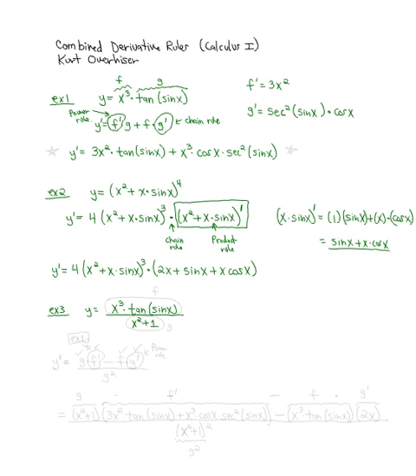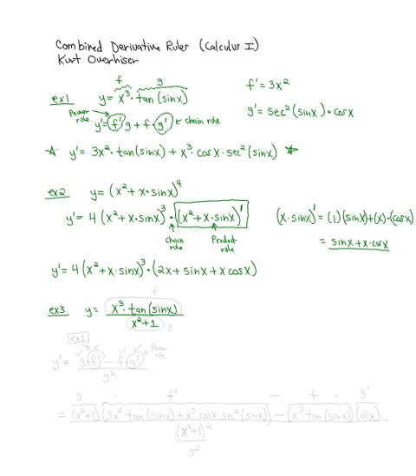But fortunately for us, if you look at the numerator, the x cubed times the tangent of the sine of x, you'll notice that that is the same function that we found the derivative of in example 1. So all we have to do is basically cut and paste the answer to number 1 that you see right here where the star is.